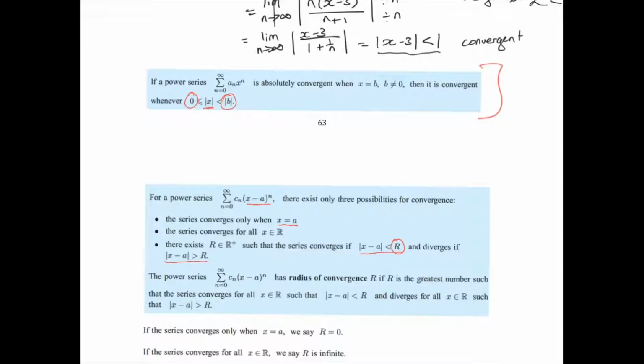Does that make sense? So, a power series has a radius of convergence of R. R is the greatest number such that the series converges for all x such that the size of x minus a is less than R, and diverges for x minus a greater than R. So that sounds very formal, but we'll actually use it in an example shortly.